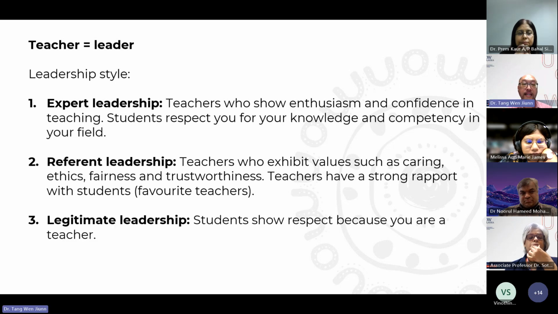Third is legitimate leadership. Students show respect because you are a teacher. That normally happens for junior lecturers or those who are new in this field. You are not yet an expert in your field, you are not so confident in your class, and at the same time you are still searching for ways to bond with your students.